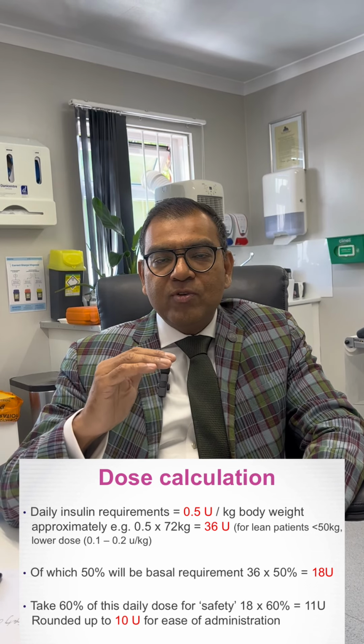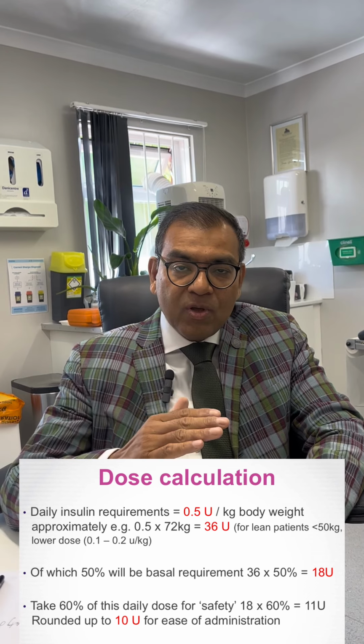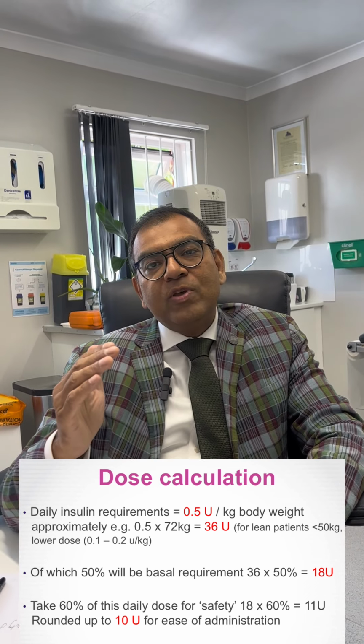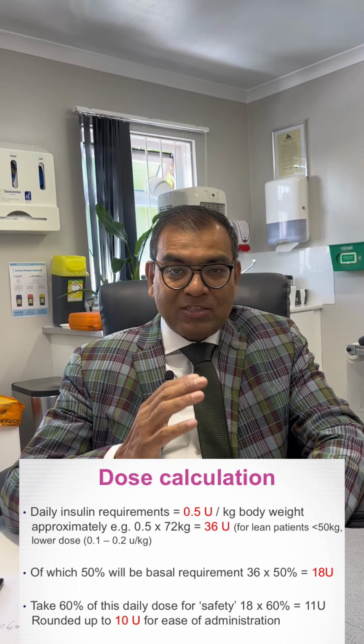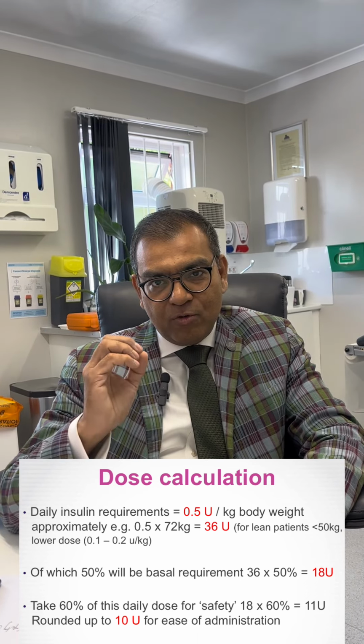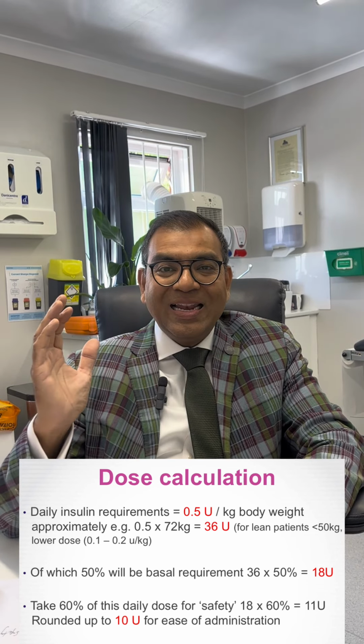Now what we want to do is make sure that we don't start patients high. We start very, very low, and we titrate it up. So we don't even take 50%, but we take 60% off. It's called the safety factor, to give you reassurance that you're not starting the full dose, but you're starting less than half.